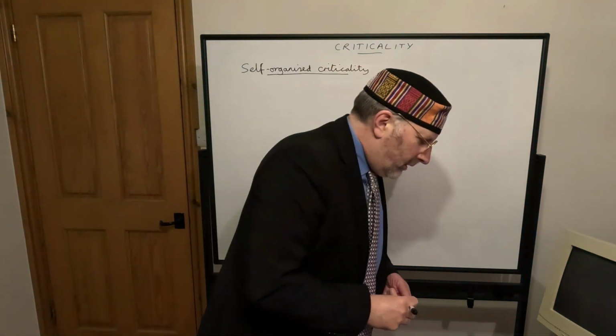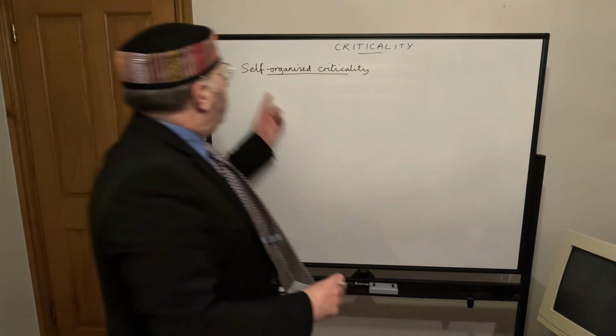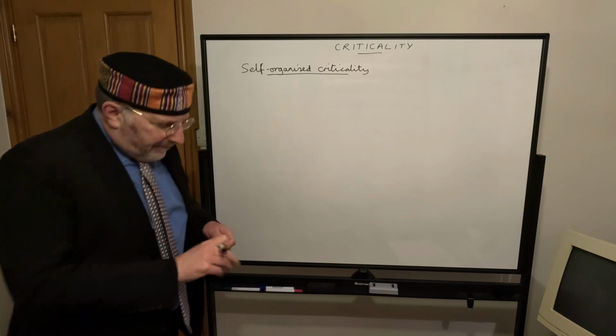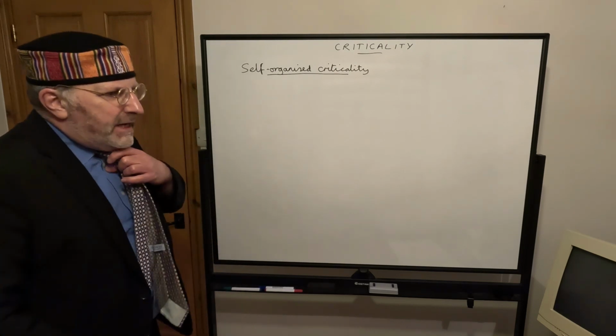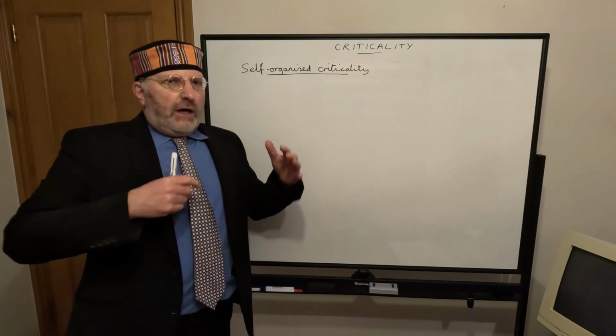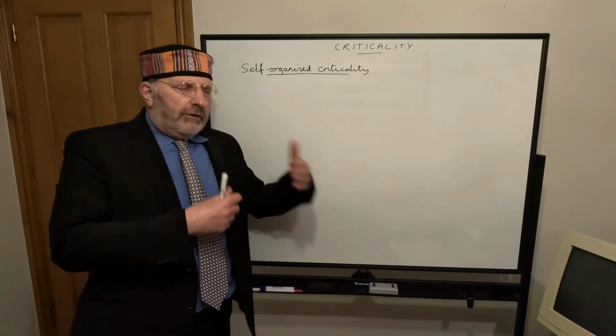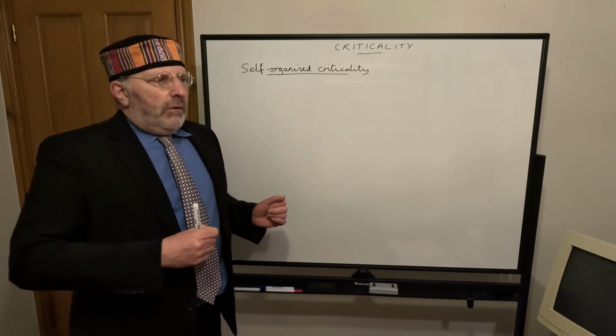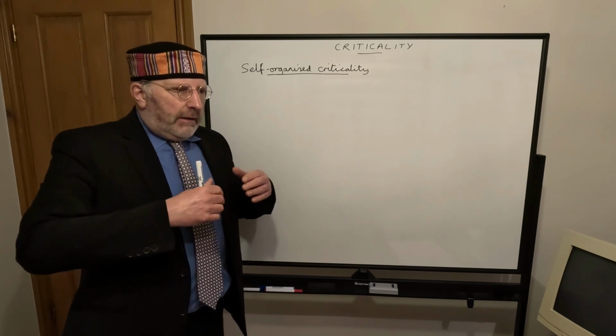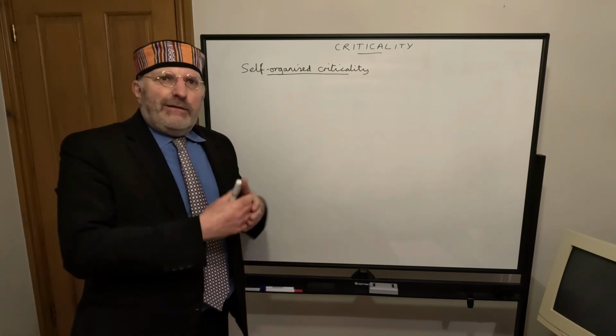Okay, and now we're going to consider something called self-organised criticality. With the example of the ice turning into water and the critical state, we have to make an effort to get it into the critical state.